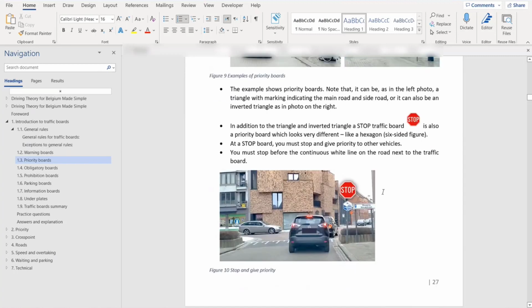So as you can see in this example, these two black cars must stop and give priority to the other vehicles on the road. So they must allow the gray car to go first before they can cross the junction.